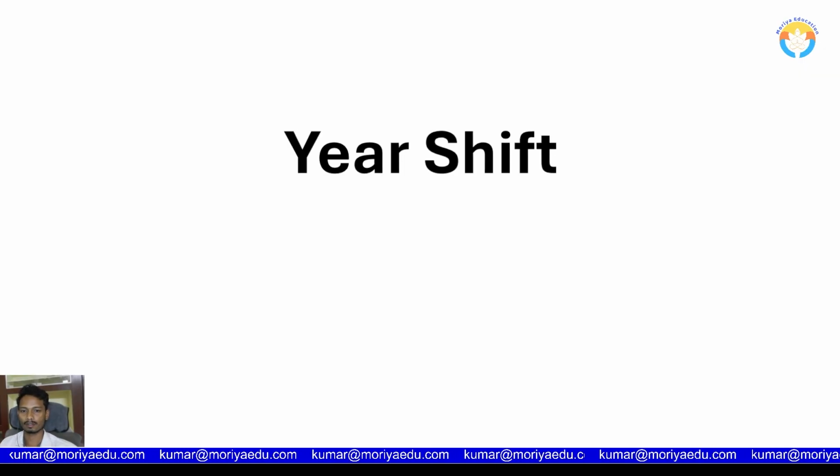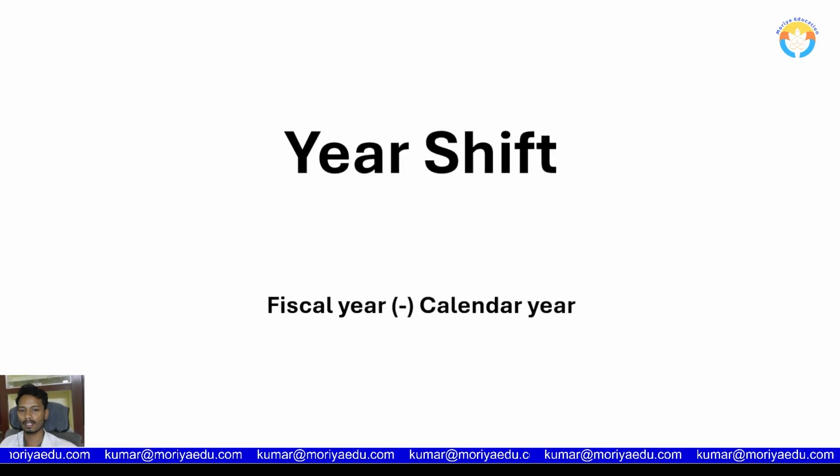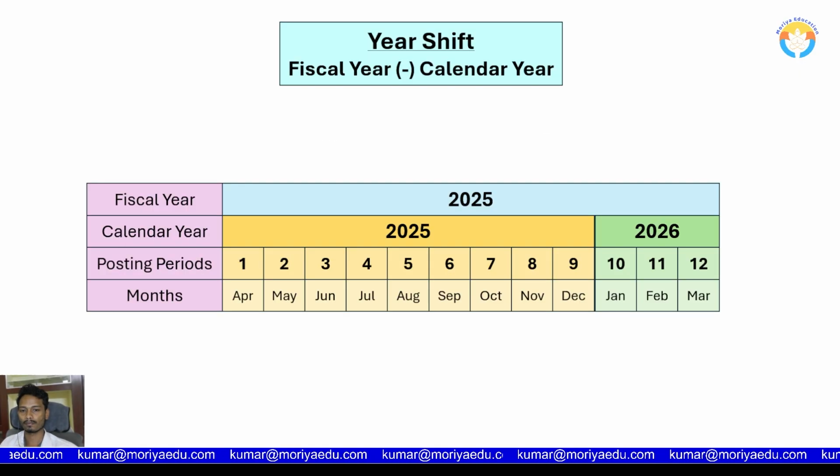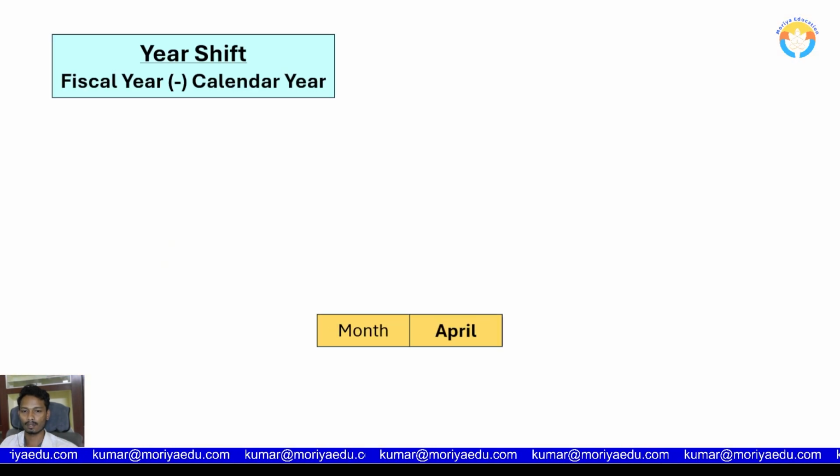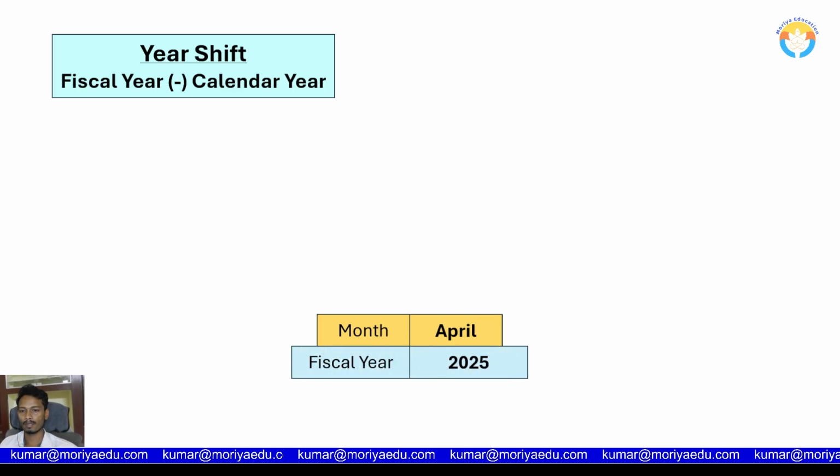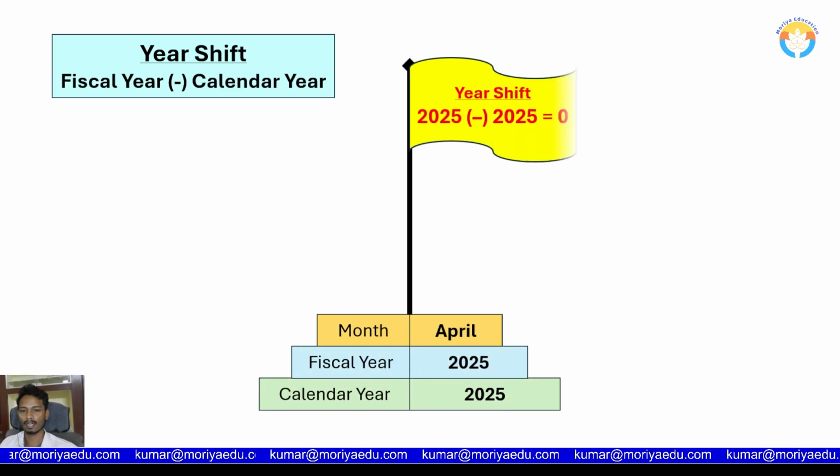Here there is a concept called year shift. The formula for year shift is fiscal year minus calendar year. So the year shift for April month will be fiscal year minus calendar year. For example, for April month, fiscal year 2025 minus calendar year 2025 is 0.